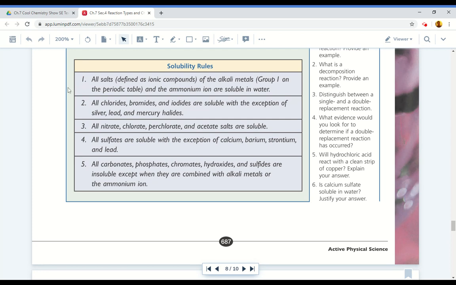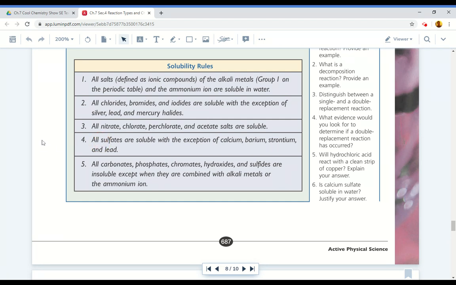All salts, defined as ionic compounds of alkali metal group 1 on the periodic table and the ammonium ion, are soluble in water. All chlorides, bromides, and iodides are soluble with the exception of silver, lead, and mercury halides. All nitrate, chlorate, perchlorate, and acetate salts are soluble.